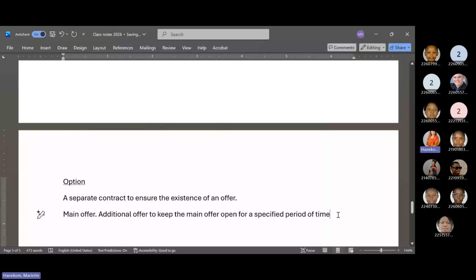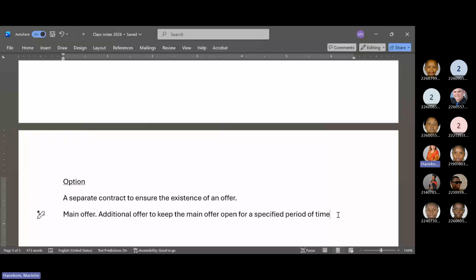So if I've offered my car to Celine for 300,000 and I've given her the option to accept by the end of March, I may not withdraw my offer before the end of March. I cannot change the offer. I cannot decide, no, I rather want 350.